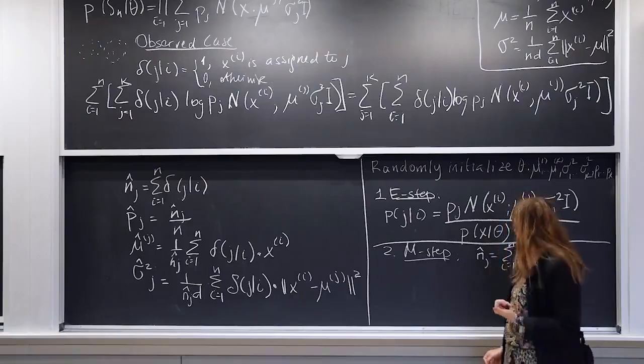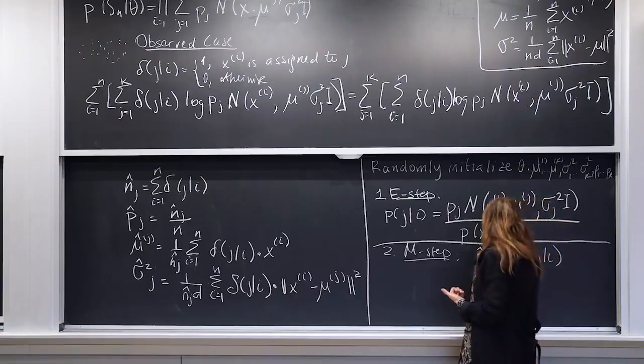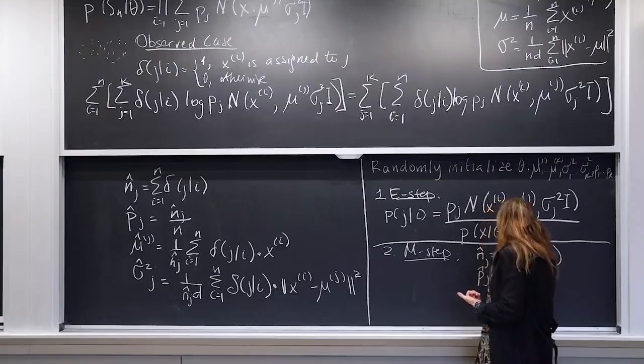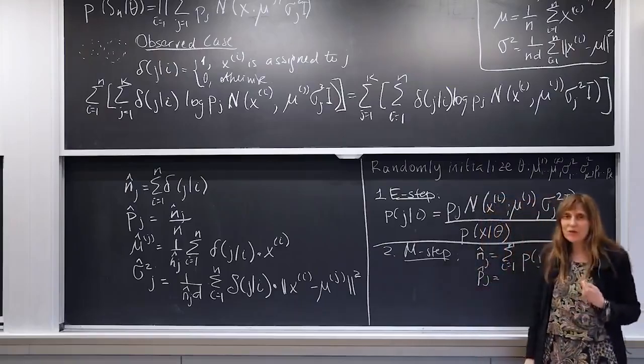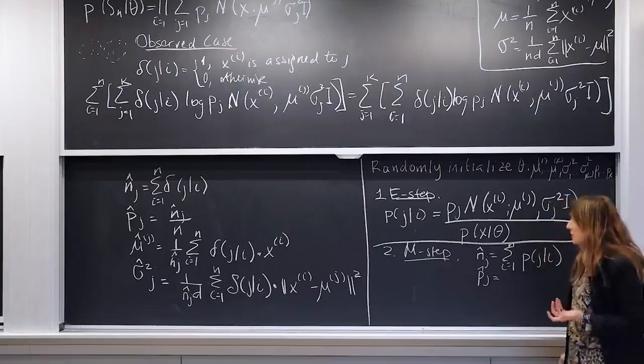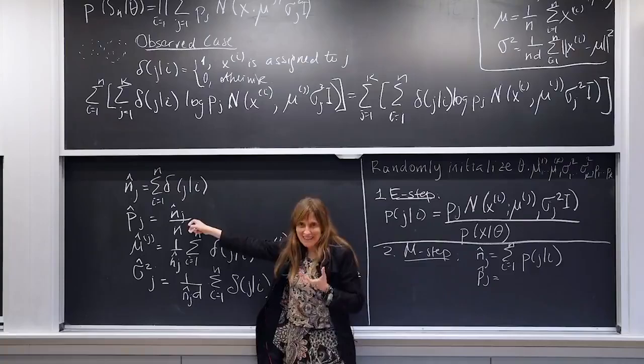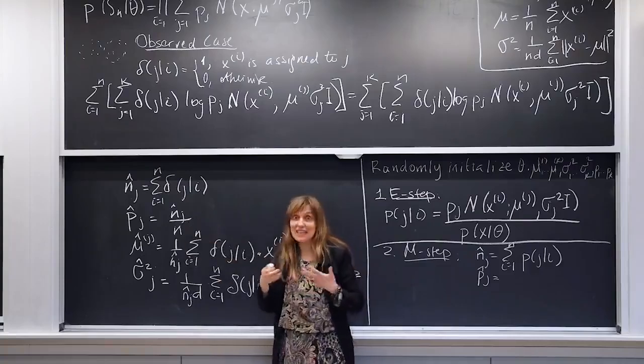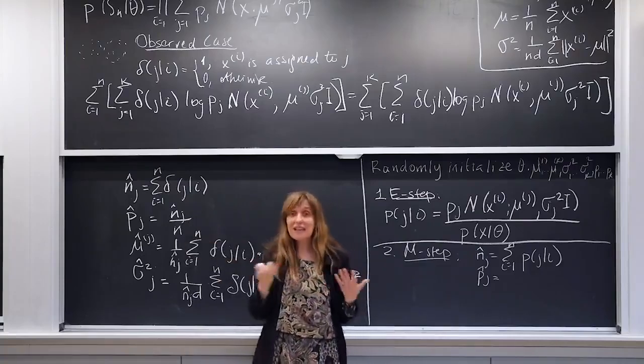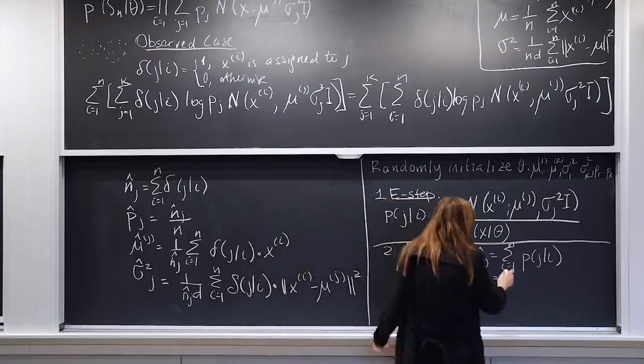The next thing that we need to do is compute the mixture weight of cluster j. What we will do is exactly the same thing. We're going to take the size of the cluster, which in this case is computed with soft counts, and divide it by the number of points. So we don't even need to change the formula.